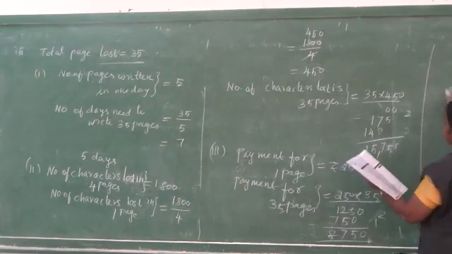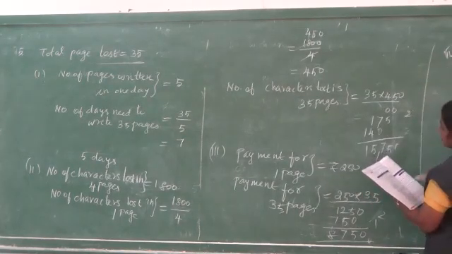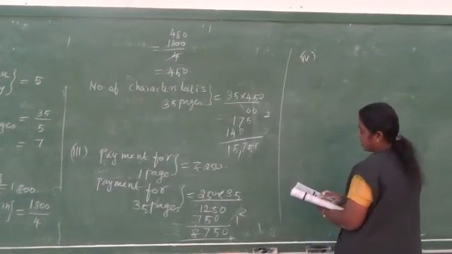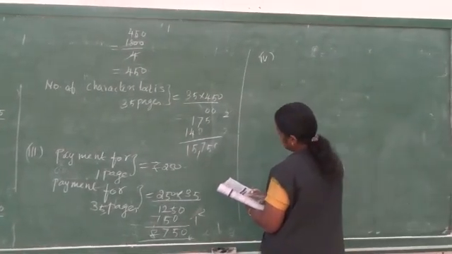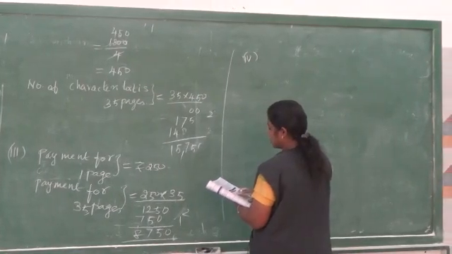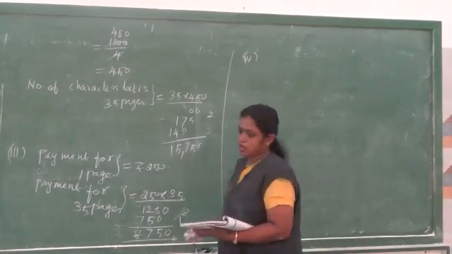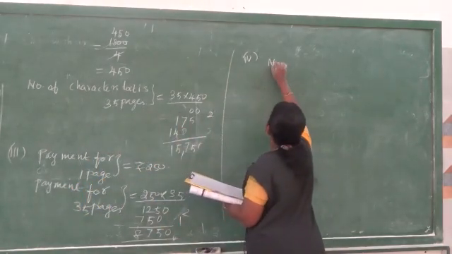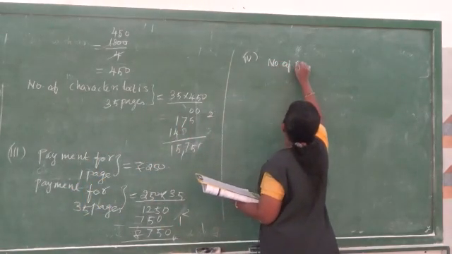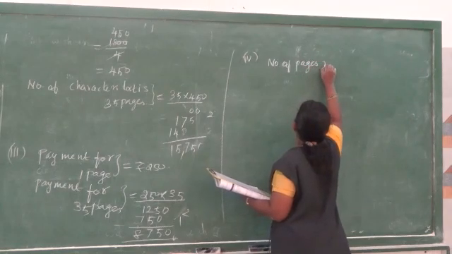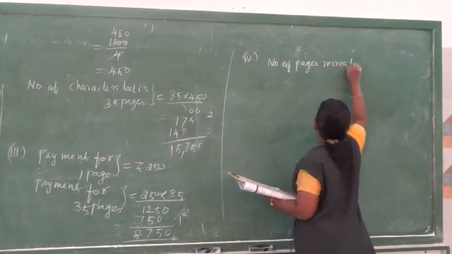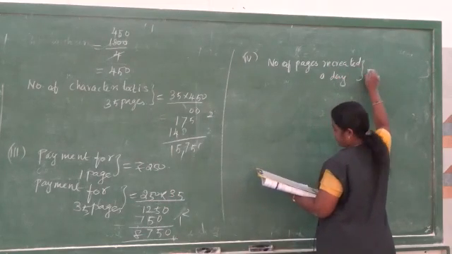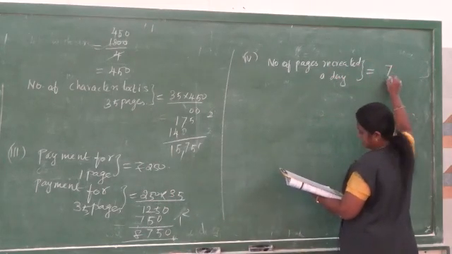Now, fourth one. If Kavimani helps Tamil Nambi and they are able to produce 7 pages per day, how many days will it take to recreate the work lost? Number of pages recreated a day equal to 7.